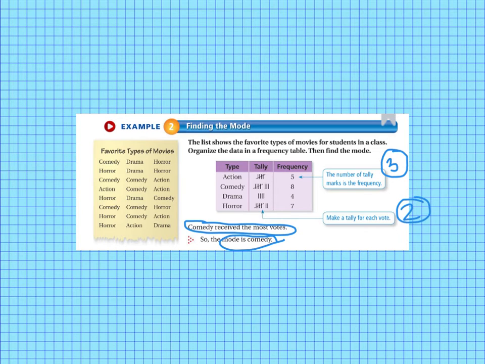Now, mode is the only measure of center that can be non-numerical. So it can be something that is not a number. So our answer here is comedy. But you can't have a mean or a median that is something that's not a number like this. Mode is the only one.